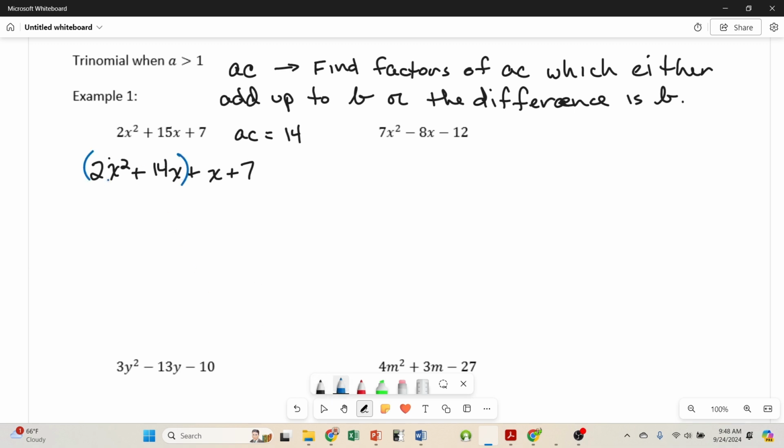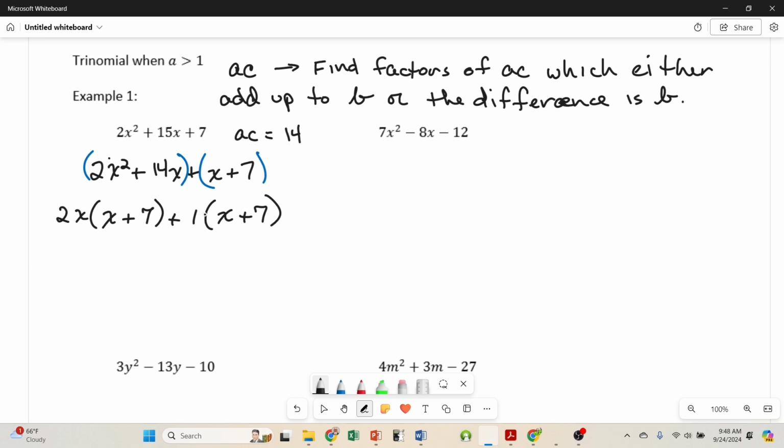I'm going to group this one, and I'm going to group this one. So there's a 2 in each one of these and an x, so I divide that out. So 2x goes into 2x squared x times. 2x goes into 14x plus 7. There's nothing between x and 7 other than 1, so we'd say plus 1, and we say x plus 7.